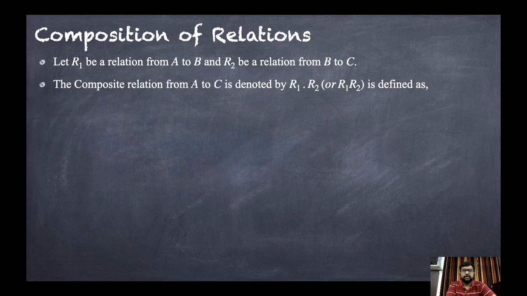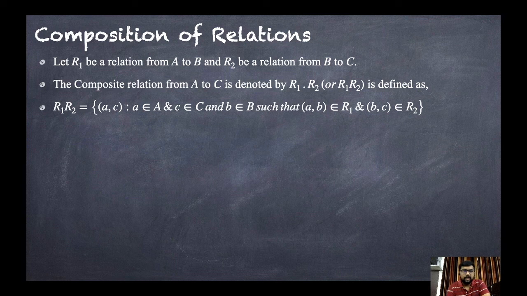The composite relation from A to C is denoted by the symbol R1 dot R2, or simply R1 R2. Here R1 is from A to B, R2 is from B to C, so its composition will be from A to C. A is the first coordinate of R1 and C is the last coordinate of R2.